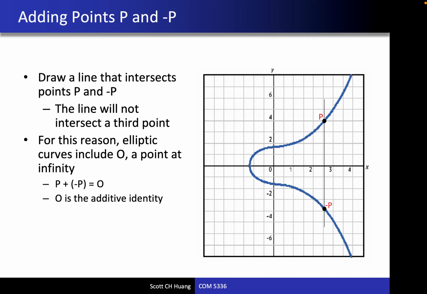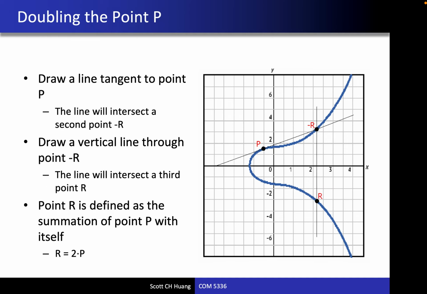It's actually a really good way of doing that, because we can define the inverse for each point. For any point, its inverse can be defined as the mirror point with respect to the x-axis. Okay, so that's adding points.